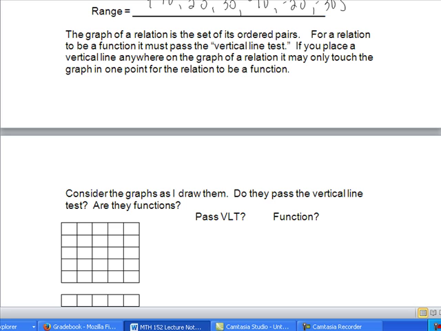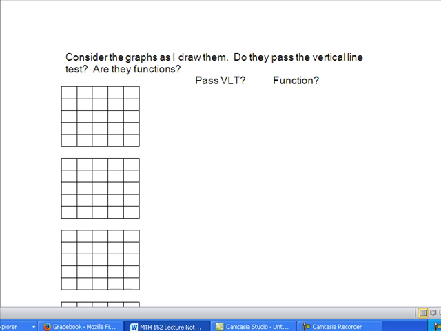So let's start with x and y axes, and let's put a straight line in there. As we note, anywhere we put a vertical line, it only touches the line I drew in one point. So yes, it passes, and yes, it's a function.